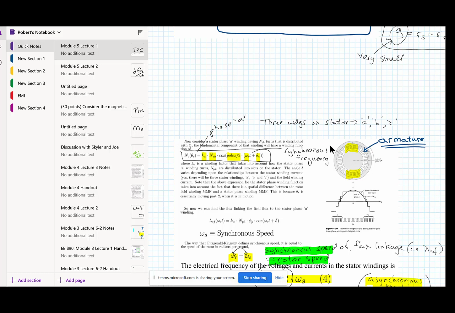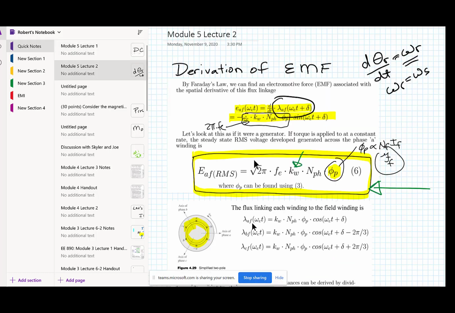And so we're looking at just one of the phases, and we're able to derive what we call a winding function, which because it's stationary, comes out to result in an effective or equivalent turns.